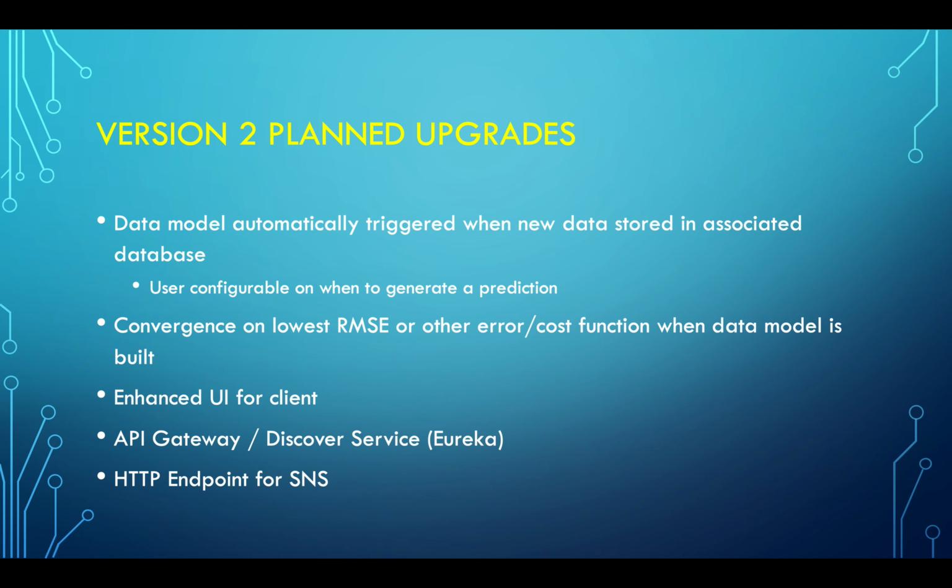And then for version 2, the grand plan for Summersong is to be able to automate all these kinds of predictions. So a user could upload data initially to build a data model, and then from there on, whenever new transactions are added to a database, Summersong could be automatically triggered to run a query on that, so that the user would be given a prediction for the data points inputted.